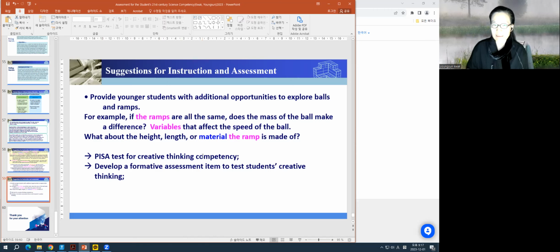Try to develop a formative assessment item to test your students' creative thinking and other science competencies. It's all connected, from competency-based curriculum to teaching and learning, and then assessing your students' science competency. It's all about science inquiry skills.